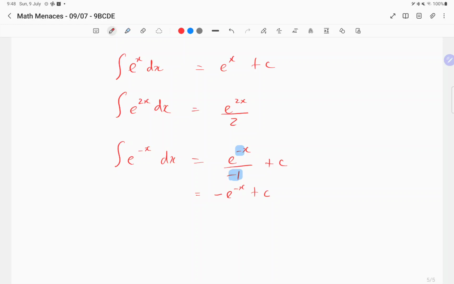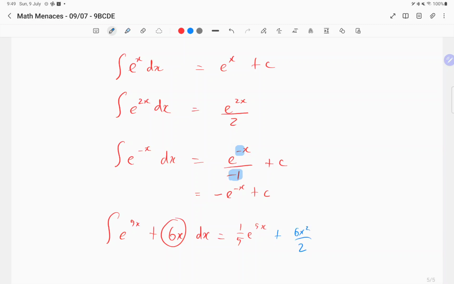When you integrate multiple terms, you simply do each of them one by one. So if you antiderive e power 5x plus 6x dx, you antiderive the first term, which is going to be 1 over 5 e power 5x, and then the second term, which is plus 6x squared over 2.